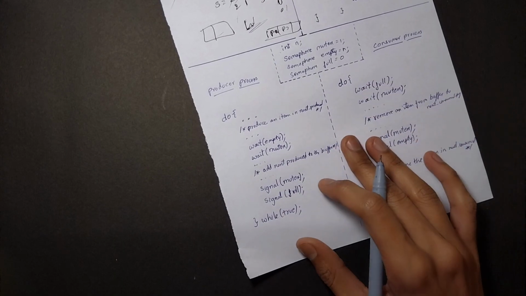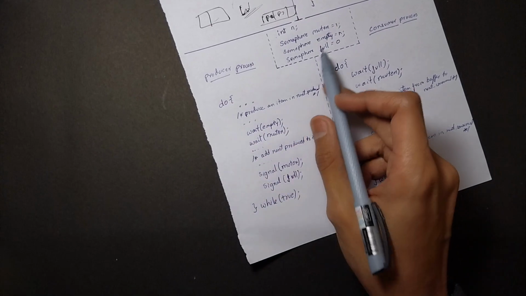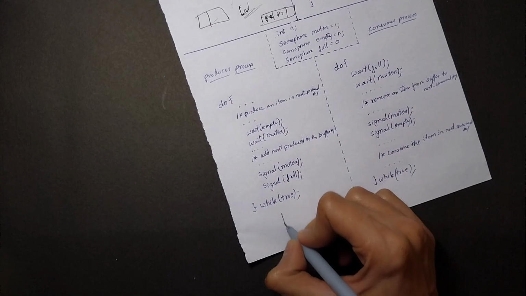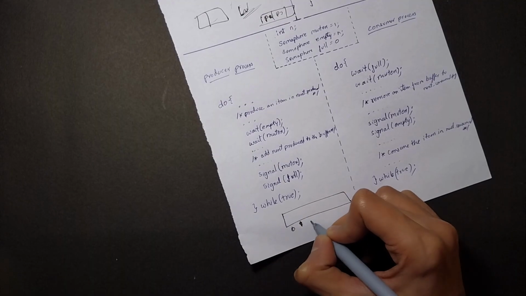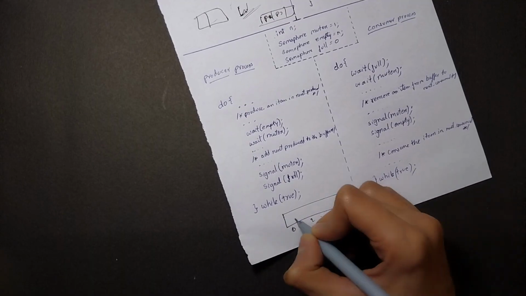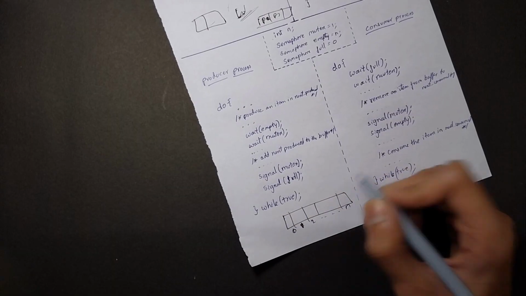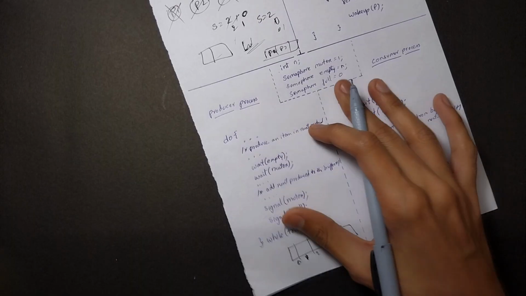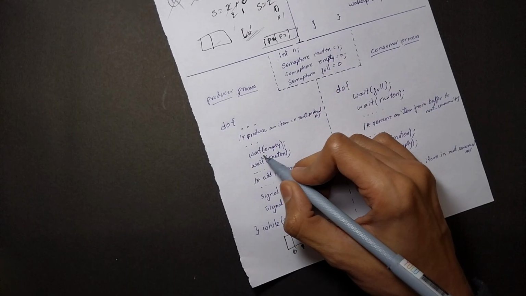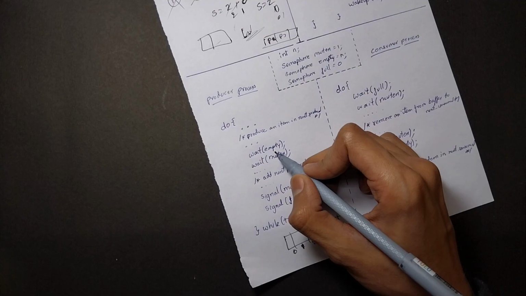So let us understand. First, there is a buffer, indexed 0, 1, 2 up to n. Whenever the producer is called, first thing it will do is check wait on empty. What does wait do?